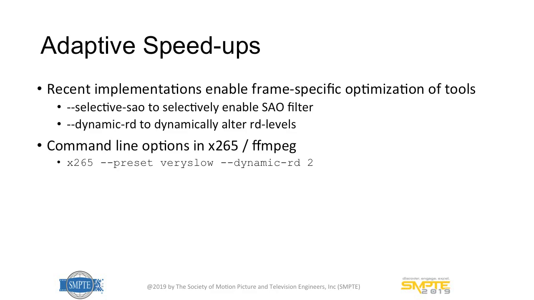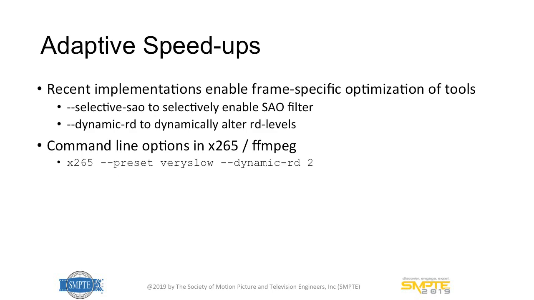Presets are static. You apply the same options to all of the sequence, to every single CTU in the sequence. In the case of adaptive speedups, you are trying to apply something to either a subset of frames or even something smaller and content dependent.